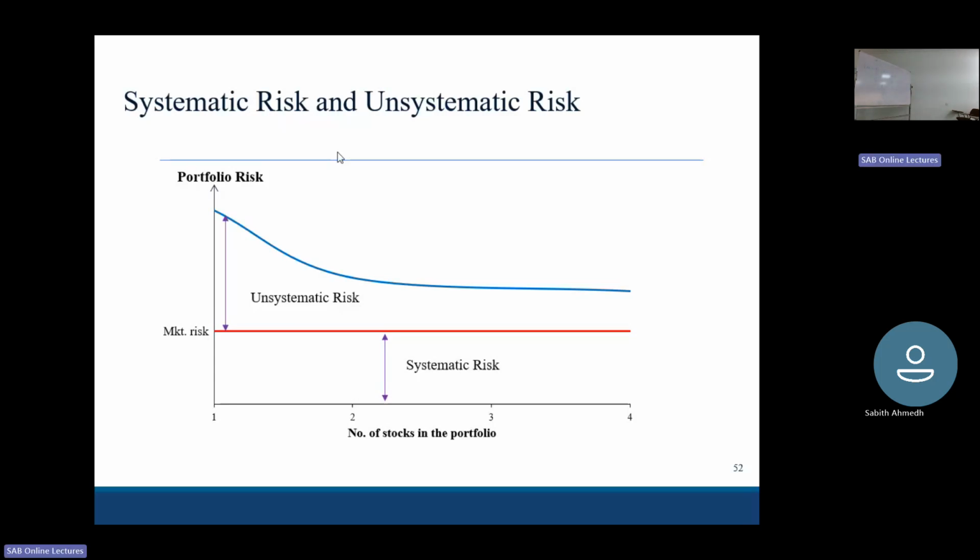After that there is no decrease, because this is the systematic risk. Irrespective of the number of assets in the portfolio, systematic risk remains constant. The number of assets does not have a major impact. The unsystematic part of total risk is diversified, while systematic risk remains constant.